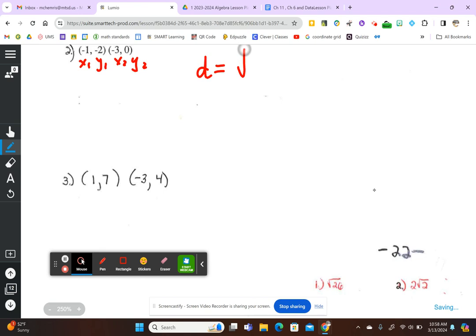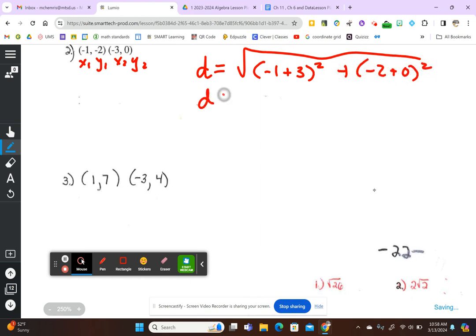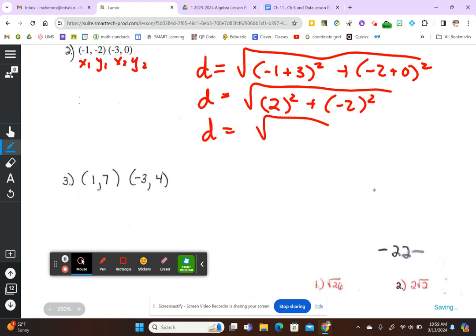Distance equals the square root of the difference of my x's squared plus the difference of my y's squared. So d equals the square root of 2 squared plus negative 2 squared. So d equals the square root of 4 plus 4. D equals root 8, which then can be simplified to 2 root 2.